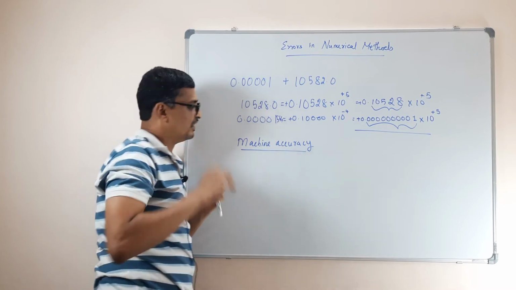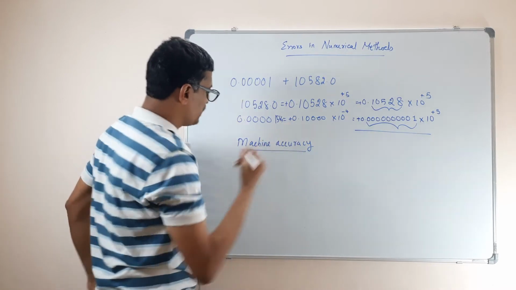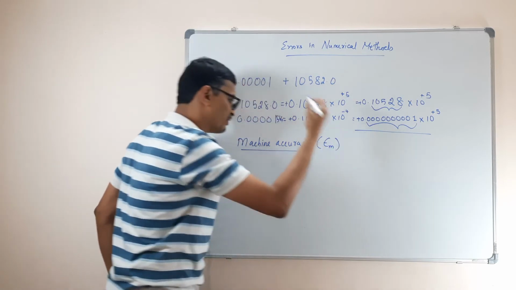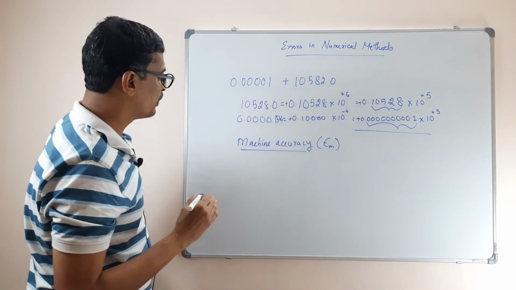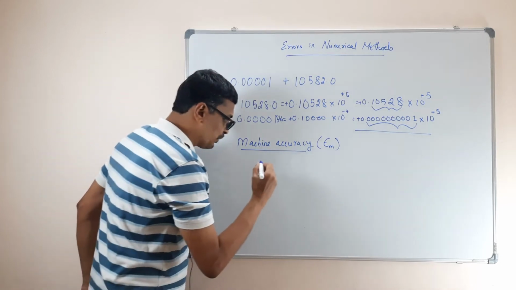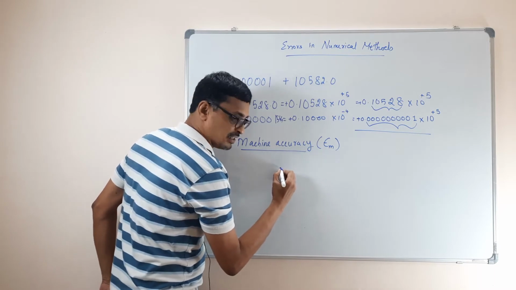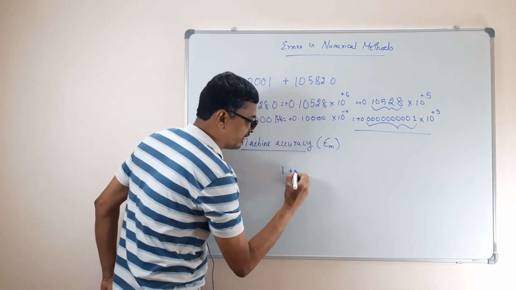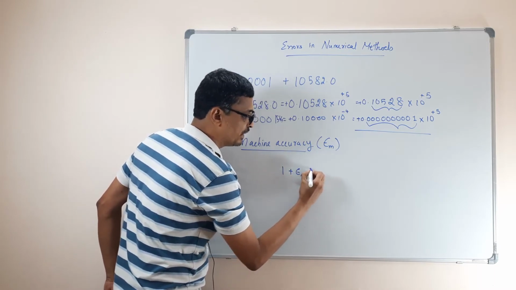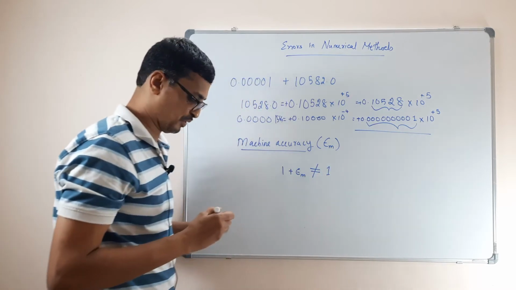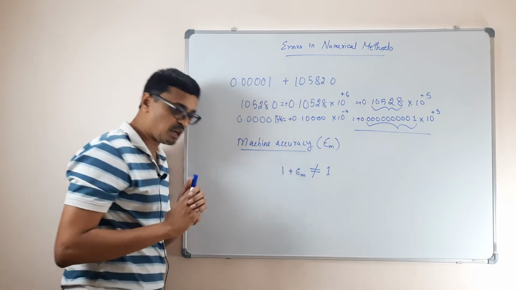Yes, sir. Fine. So then we are going to have a term called machine accuracy, epsilon m, or whatever is simple, it doesn't matter. What is machine accuracy? Machine accuracy is the smallest number which, when you add it to 1, will give you an answer which is not equal to 1. You can do this small program.